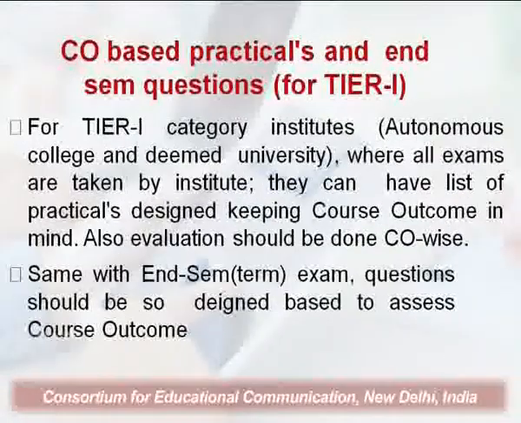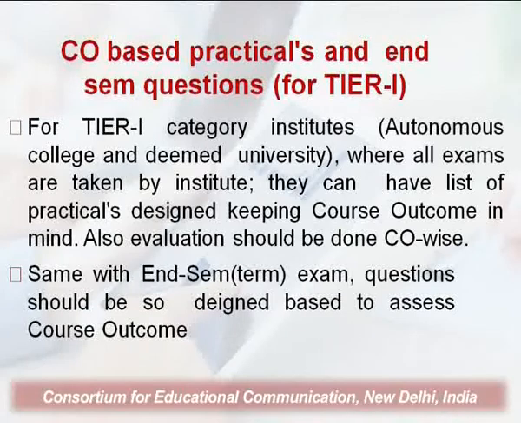For the tier 1 category, the institutes, that is the autonomous colleges and the deemed universities, where all exams are taken by the institute, can have a list of practicals designed keeping course outcomes in mind. Also, the evaluation should be done course outcome wise.